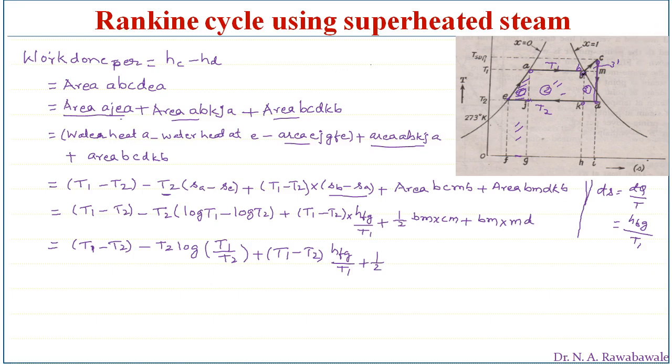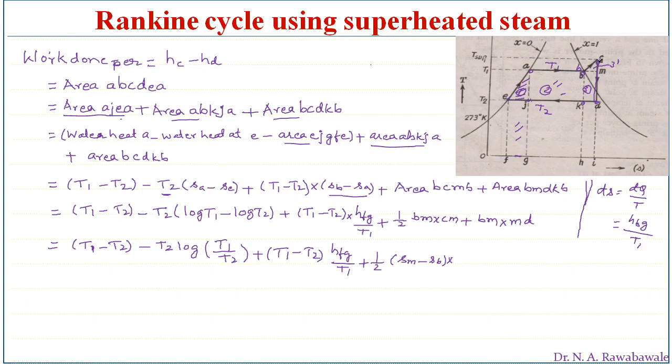So this distance Bm is the difference of entropy at point M and entropy at B. So Bm is entropy at M minus entropy at B, into Cm, which is the difference of temperature C to M.